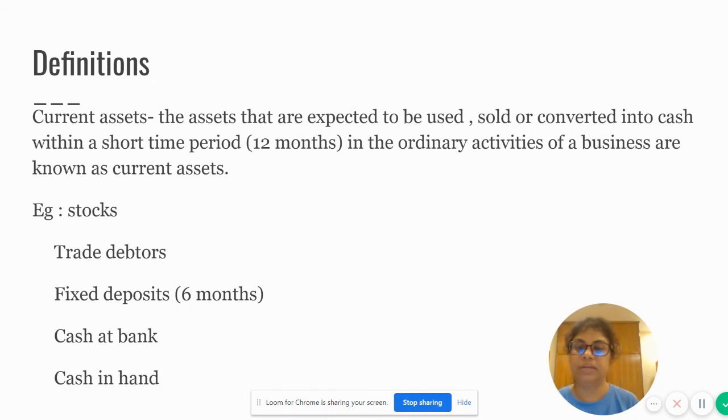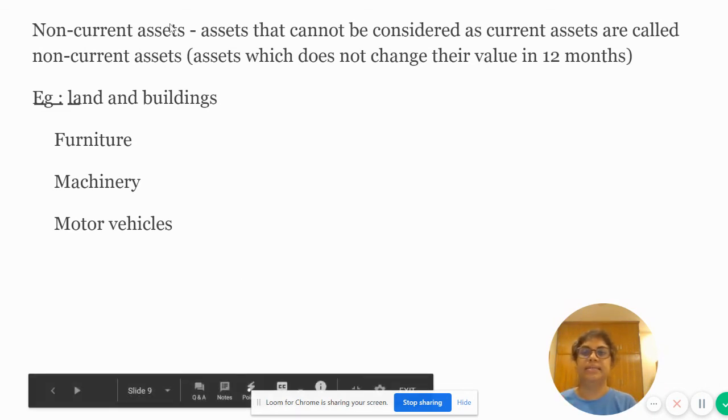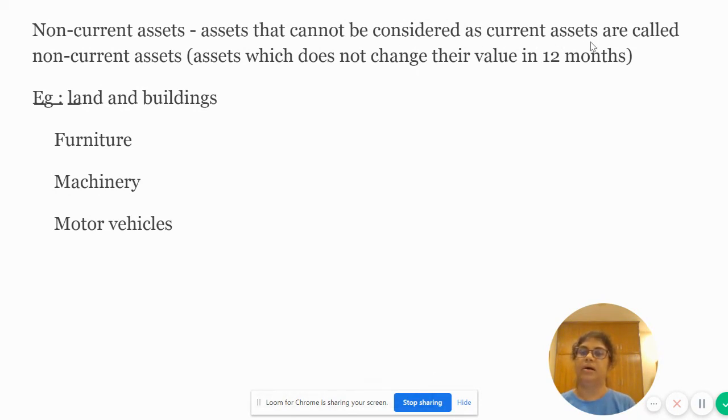Okay, let's see what the non-current assets are. Non-current assets are the assets that cannot be considered as current assets. That means assets which do not change their value in 12 months or the short period of time.